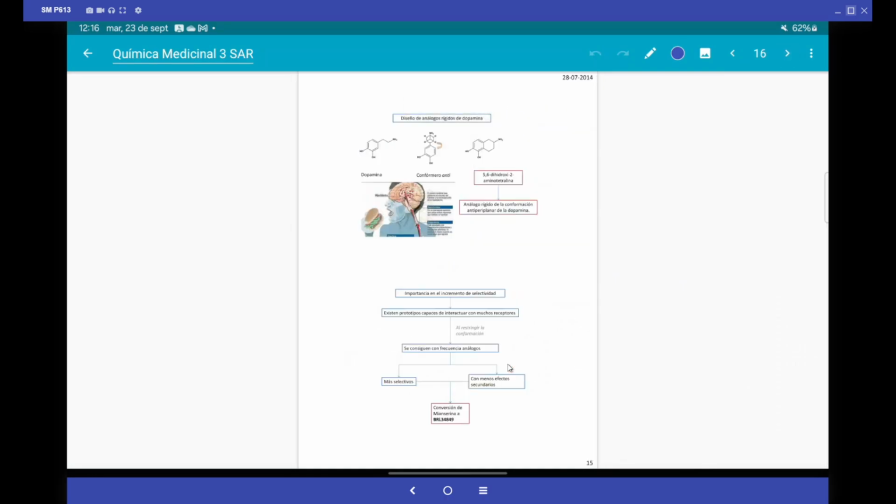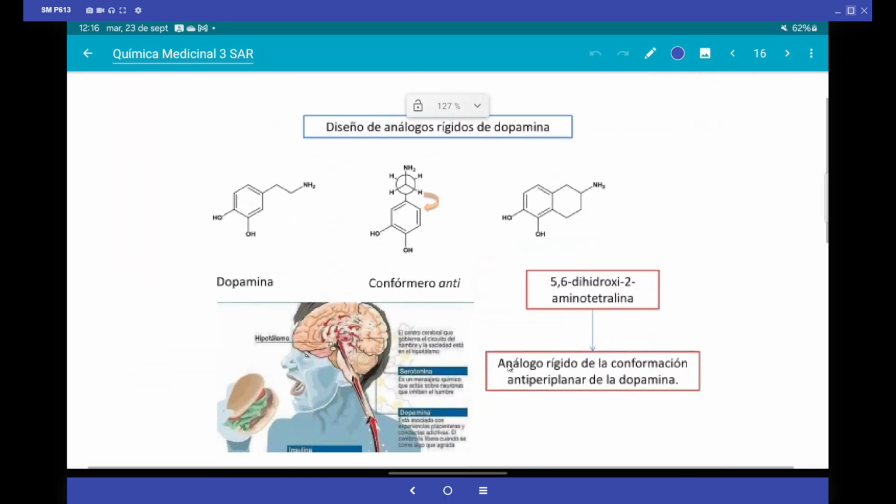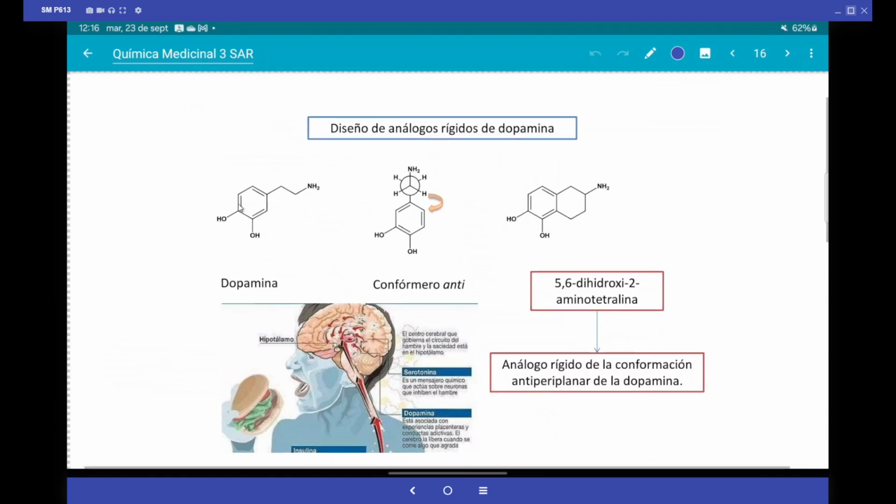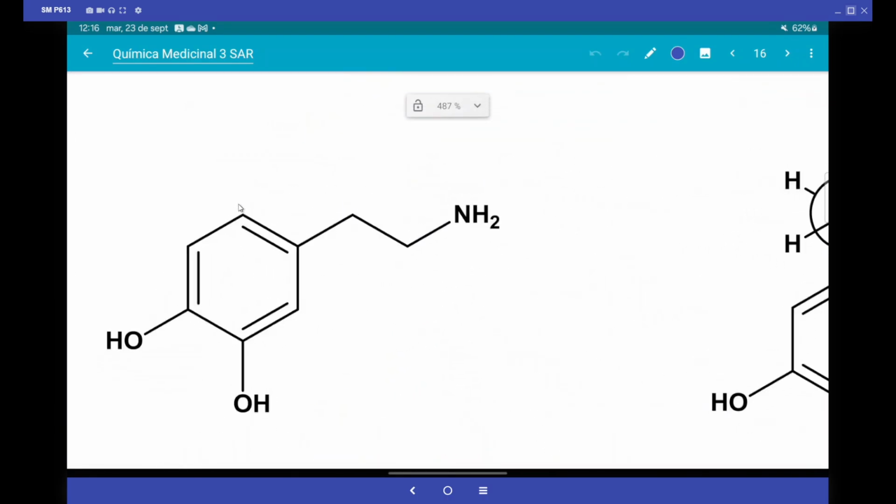Second example. Dopamine, here is the dopamine structure. What happens if in the dopamine we incorporate this? Which molecule would that be? Without the hydroxyl, be careful.